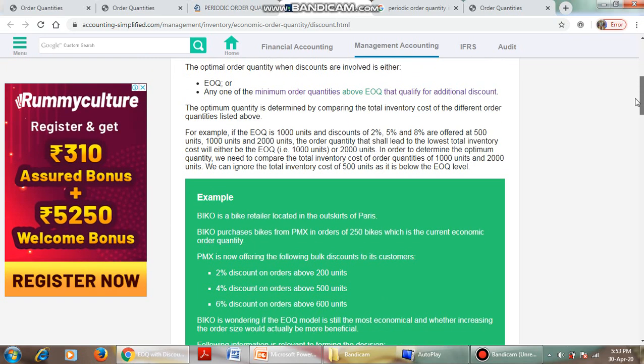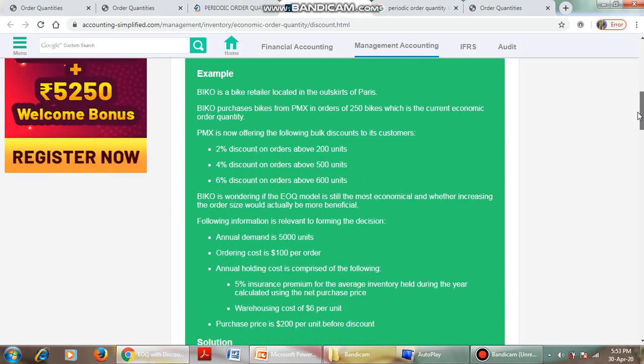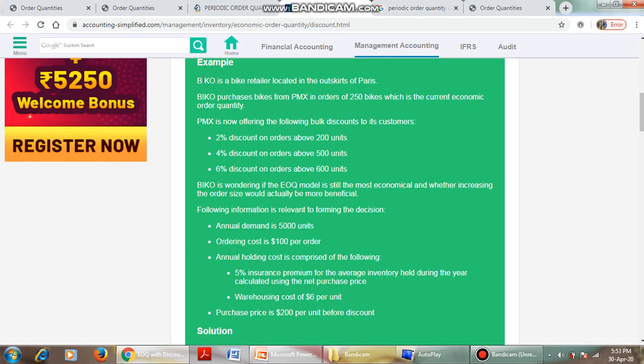Okay, see here. This is the problem. For example, BICO is a bike retailer located in the outskirts of Paris. BICO purchases bikes from PMX, in orders of 250 bikes, which is the current economic order he wants to buy. If he buys 200 units, then he will get 2% discount.